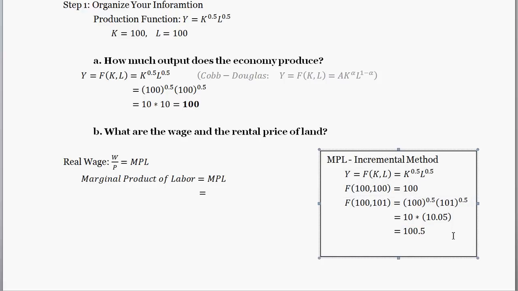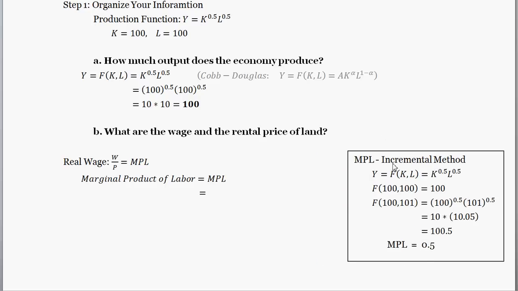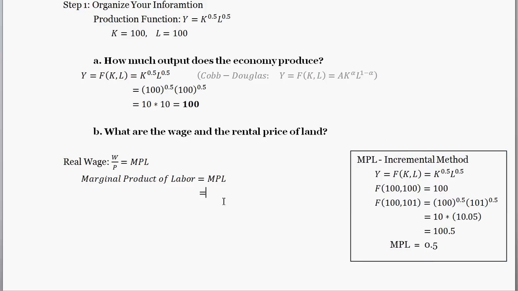So the marginal product of labor is just 0.5. But we're going to have a more general way to solve that. So let's put this to the side. Some people start solving this problem by doing this method, but what you want to do is the method I'll get to right now.